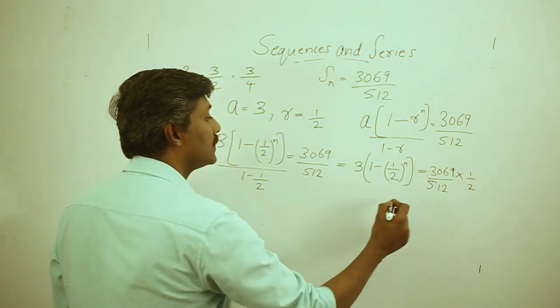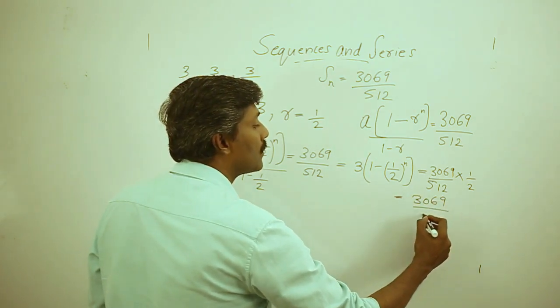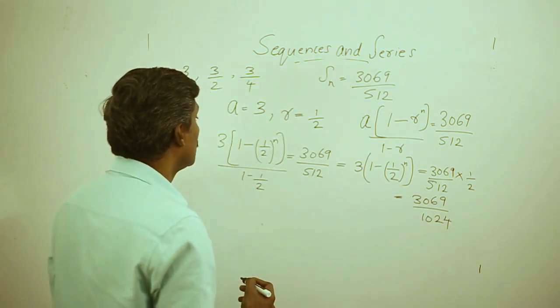So we get this as 3069 divided by 1024, right?